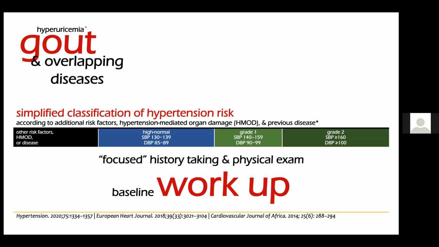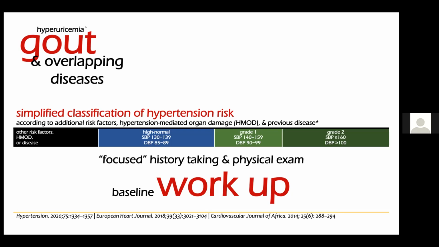This table uses the risk factors, the organ damage, the concurrent diseases that can be present in the patient, and the grading of hypertension. As you can see, grade 3 doesn't appear on this table because grade 3 is automatically known as high risk.